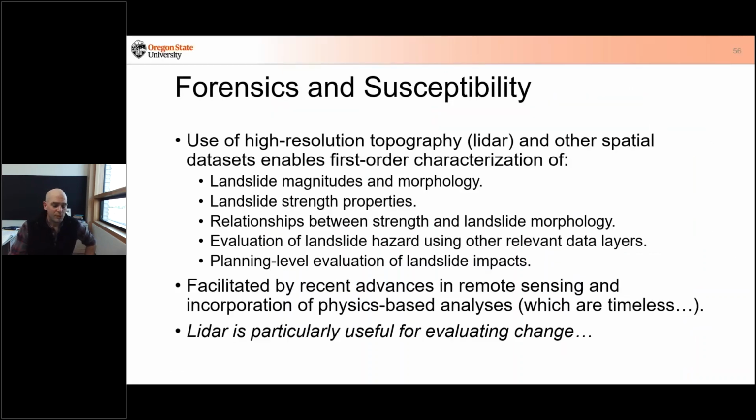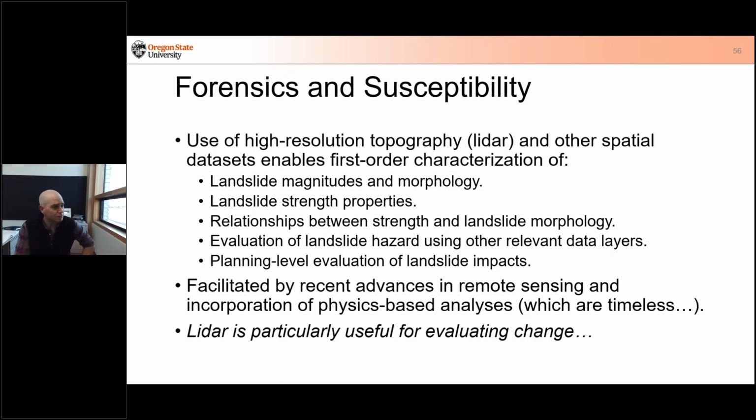So forensics and susceptibility are two peas in a pod. And really here we use LiDAR as kind of the foundational element to provide us the variability with topography, or the controls of topography associated with other spatial data sets.